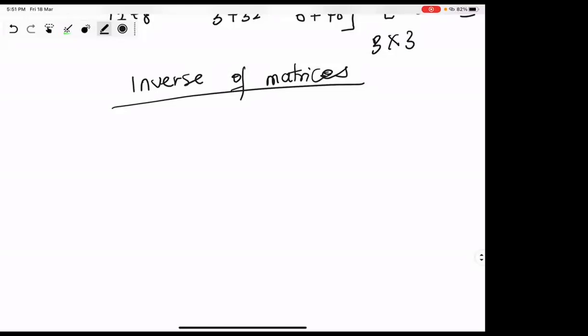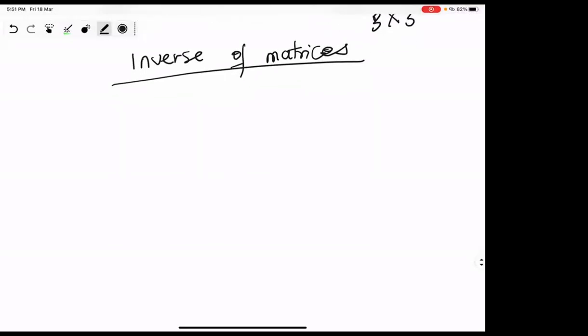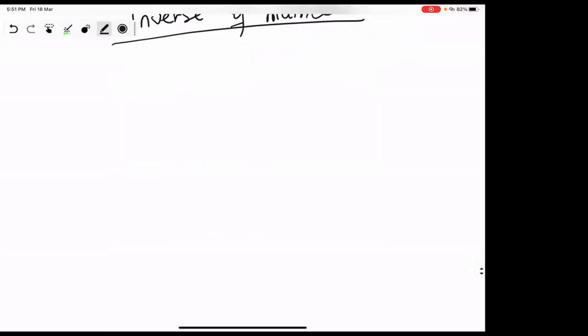We don't really need to look at the other operations, just these will be fine. All right, so given any matrix at all, if we want to determine whether the inverse of the matrix will exist or the inverse will not exist, first of all, the dimension of that matrix must be square in nature.